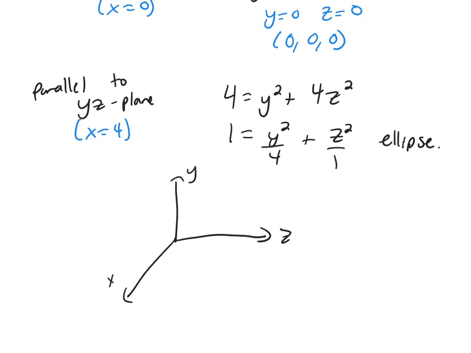So let's see here. I can sketch this out. We know our graph goes through the origin. That's the only point on the yz plane. But parallel to the yz plane, we get ellipses. And in the xy plane, we said it's a parabola.